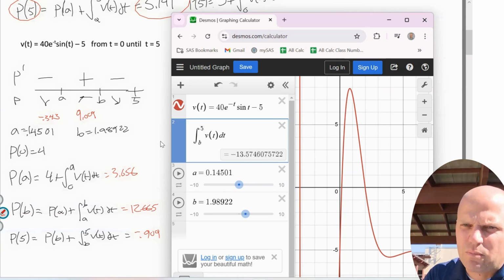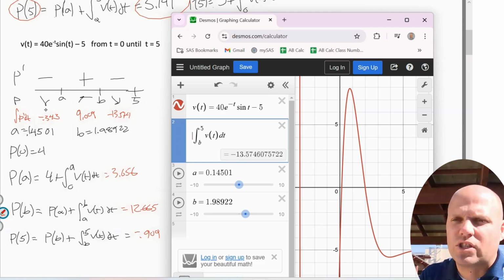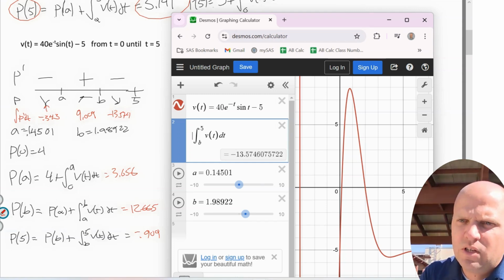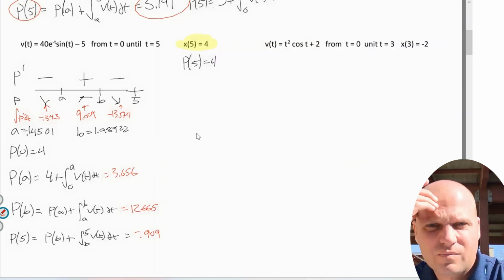There you go, -13.574. Remember, this is just my meters per second over seconds. It tells me my meters that we've changed, the displacement. So that goes with that, that goes with that. That's how much we go up and down. Cool.